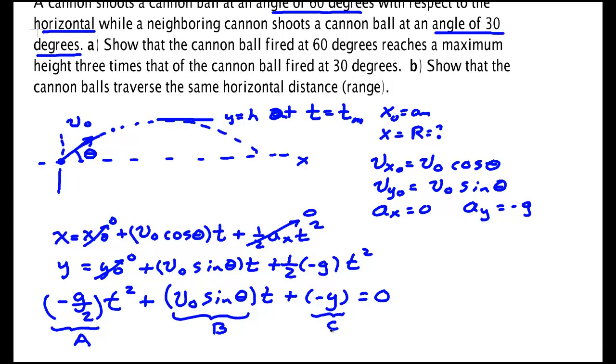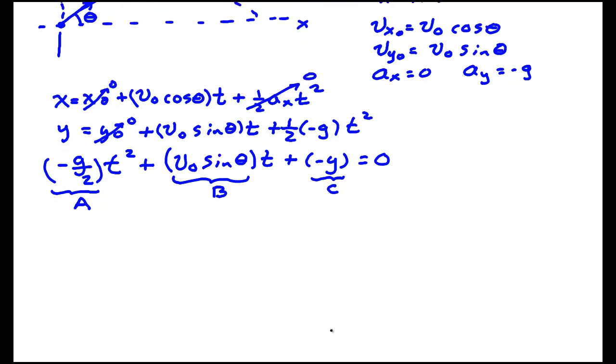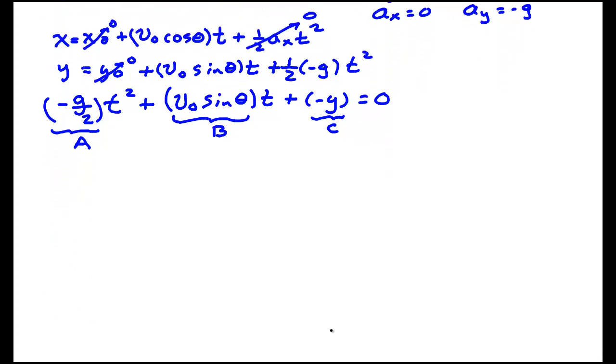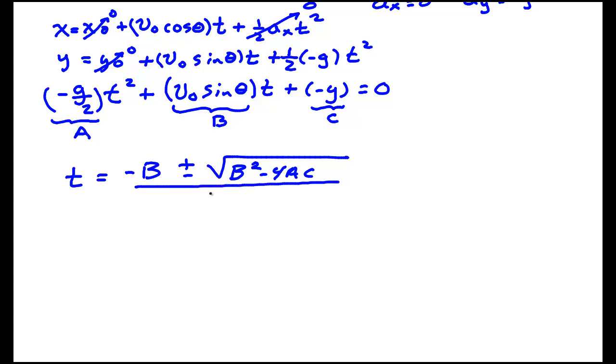And there's a way of solving second order equations, which you should know from algebra class, called the quadratic formula, that says when you have a quadratic equation with these coefficients a, b, and c, the solution for that is t equals minus b plus or minus the square root of b squared minus 4ac, all of that divided by 2a.